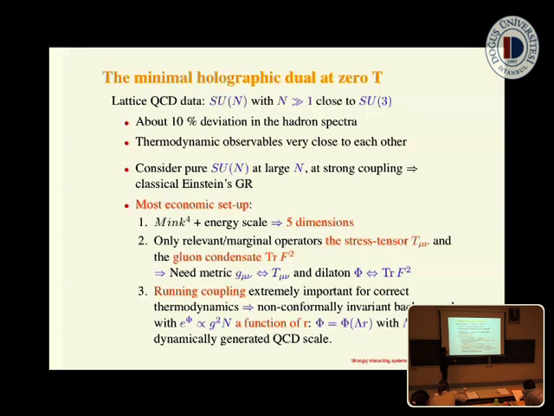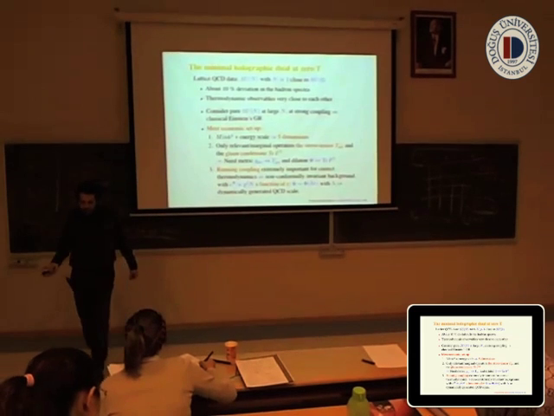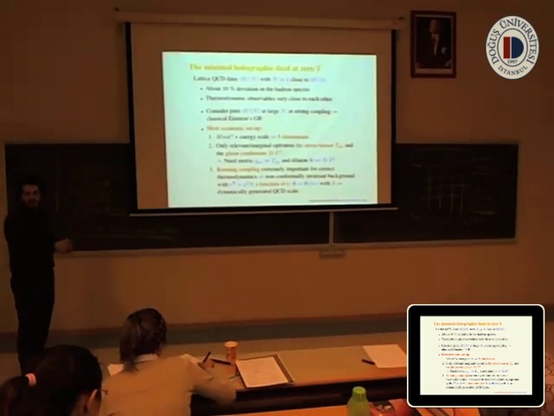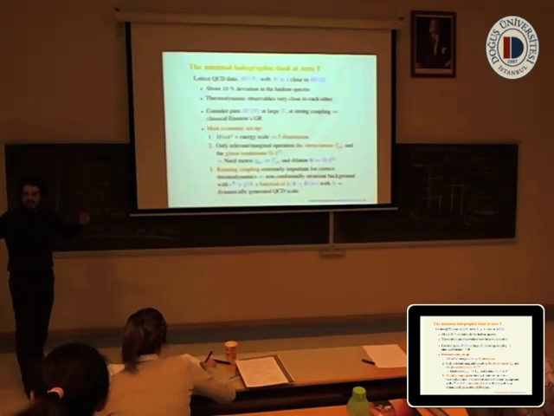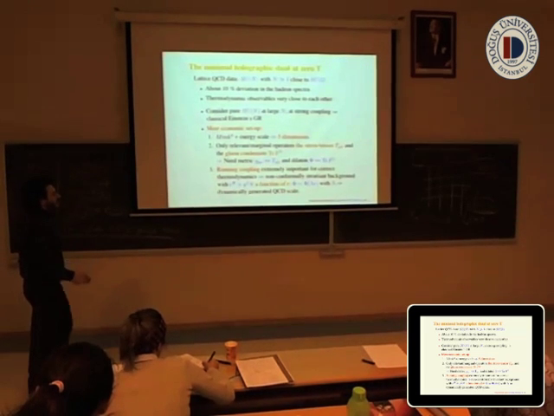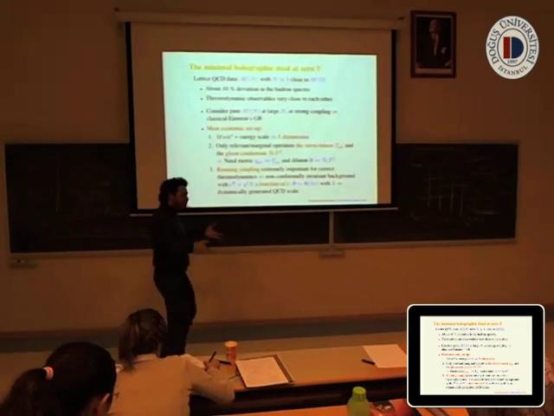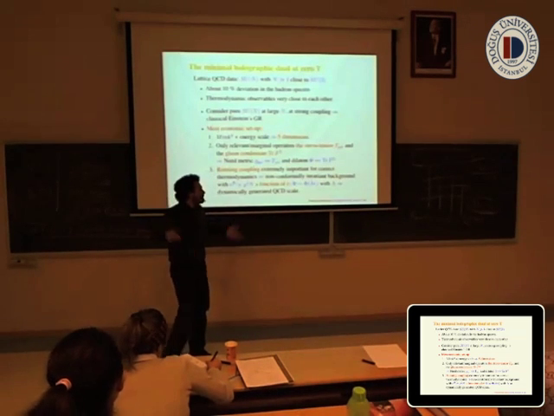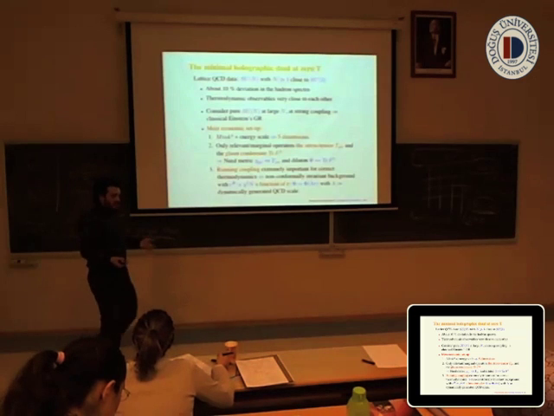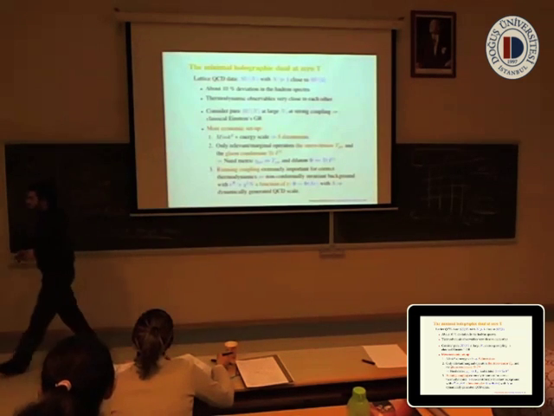The fact that the coupling constant is a function of the energy means that the dilaton should be a function of the radial variable, because the radial variable and the energy are related to each other in this way. So I have to find a potential for this extra field, the dilaton, in such a way that it runs and becomes a function of r, which means that I have to introduce a potential, otherwise it wouldn't run.